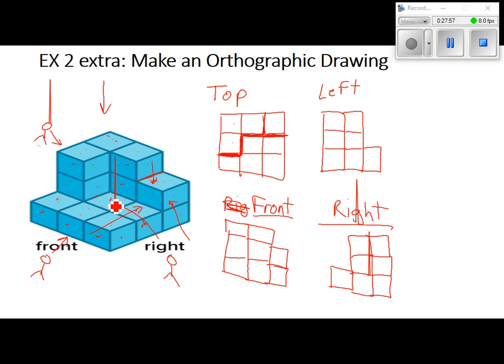On the front view, if I'm standing in front, there's a break here.